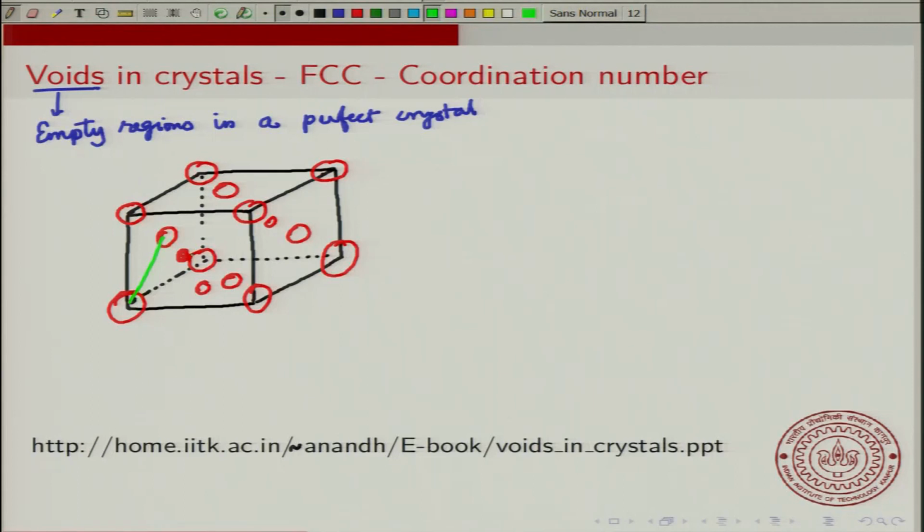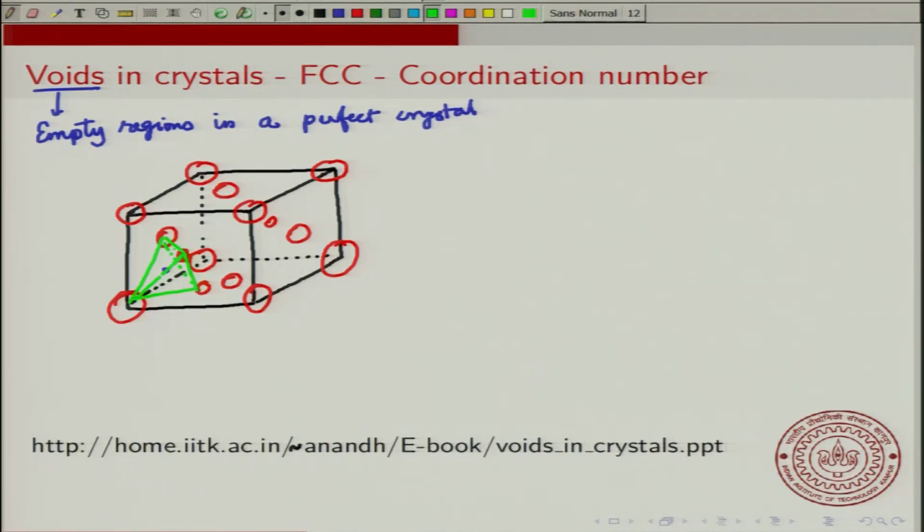At the center of this region you have something called a tetrahedral void. So this is located in the center of this region.